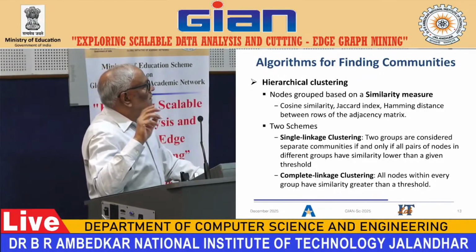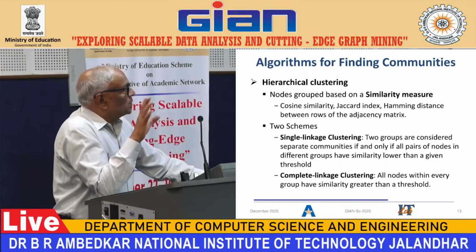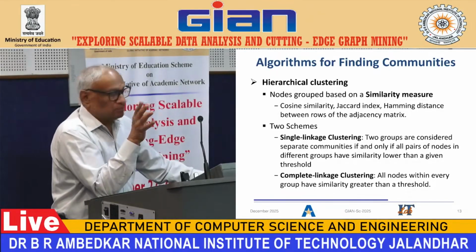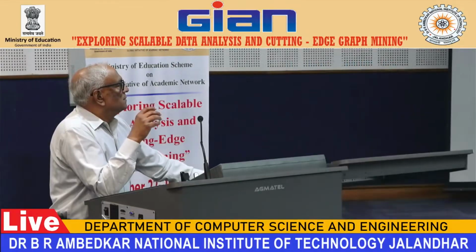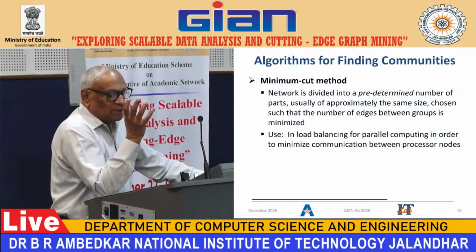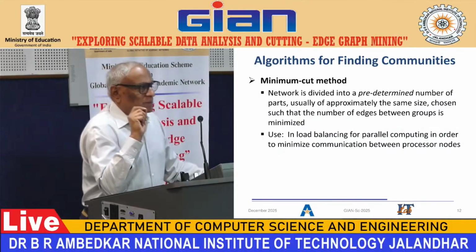A network is divided into a predetermined number of parts, usually of approximately the same size, chosen such that the number of edges between groups is minimized. This can be useful in load balancing. In parallel processing, we have the notion of load balancing.